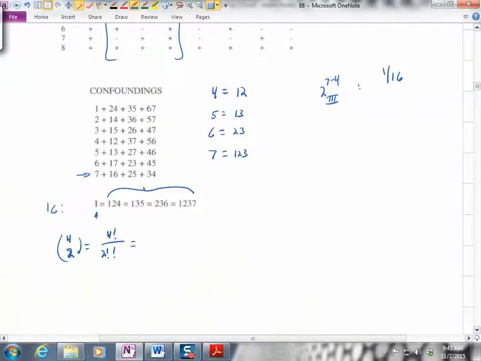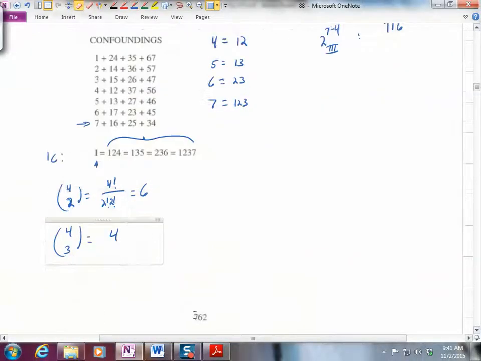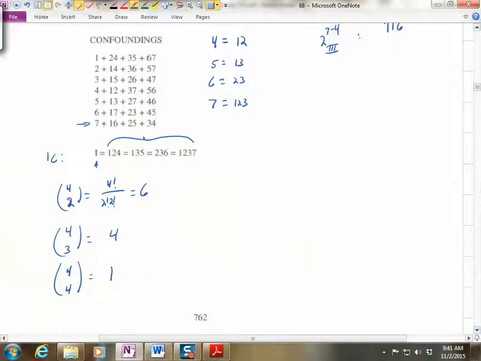So what's that? 6 terms? So I should get 6 terms out of that. Then I'm going to take them in groups of 3 and get 4 more. And then I'm going to multiply them all together. 4 terms taken 4 at a time, and I'll get 1 term out of that. So there's my 11 more terms.